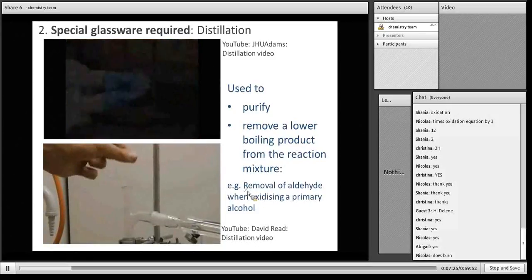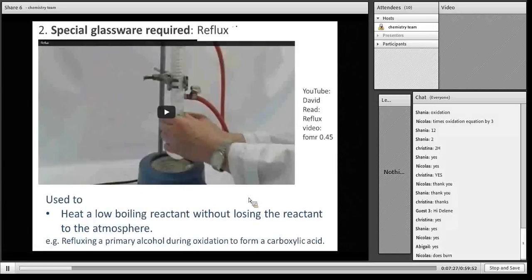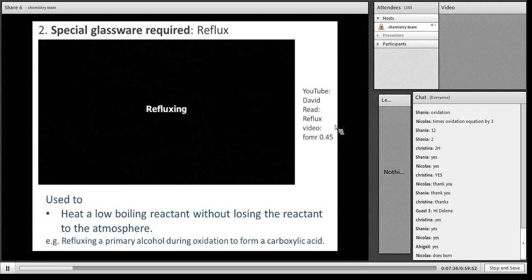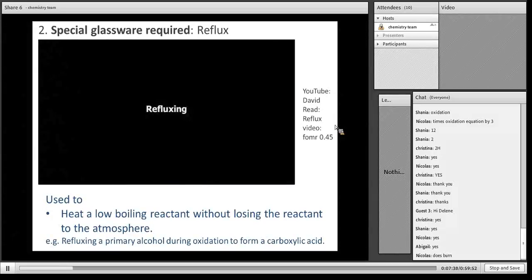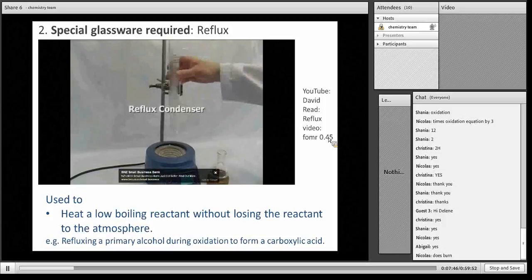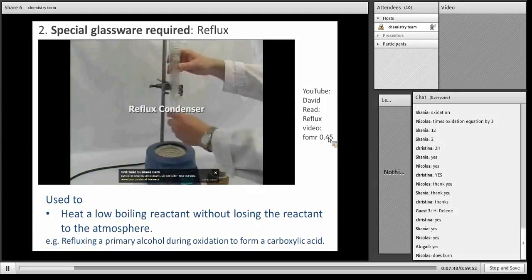Okay, here's another one. This is when I'm not trying to separate something out. So again, this is David Reed, and it's explaining how to do a reflux. If I'm trying to react something, remember we've got a slow reaction. So instead of taking 2 seconds, it's going to take us half an hour.